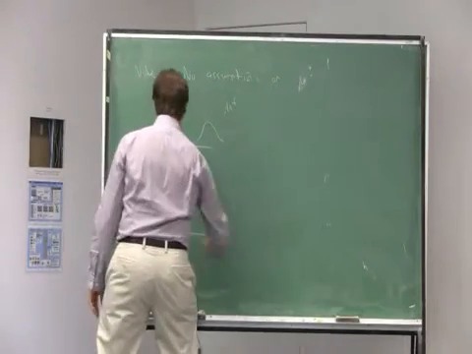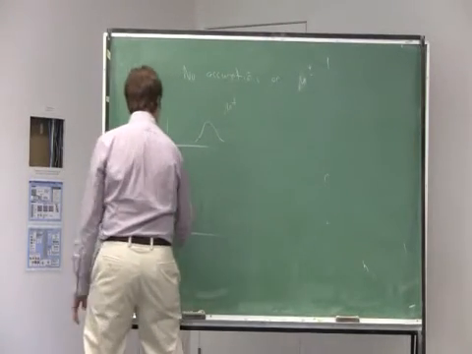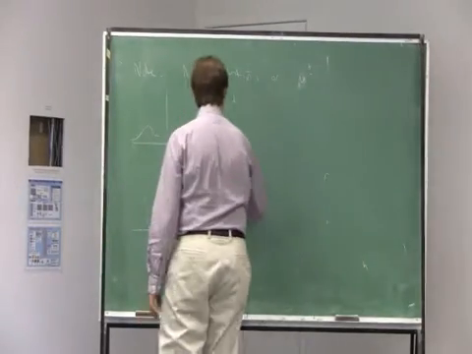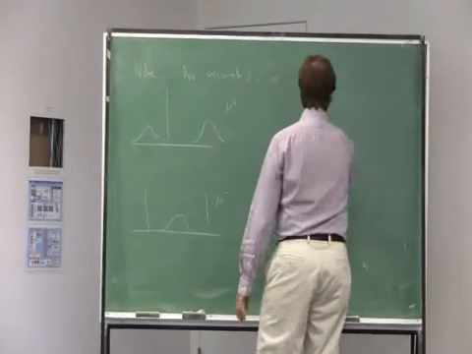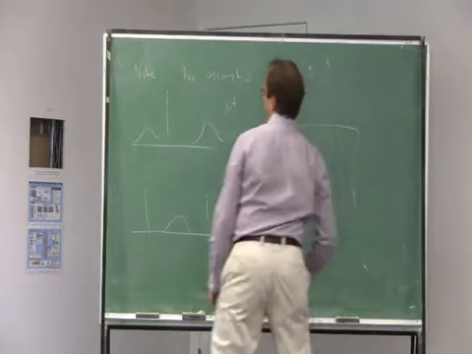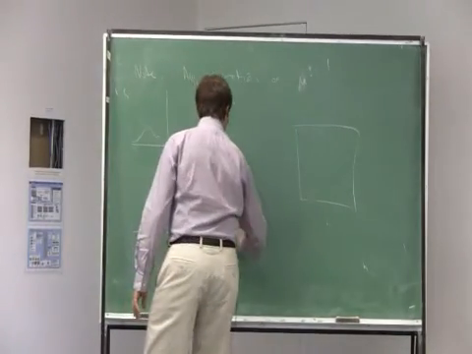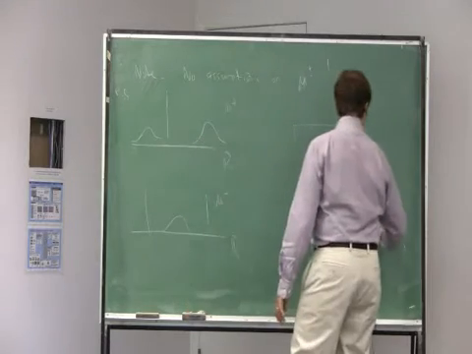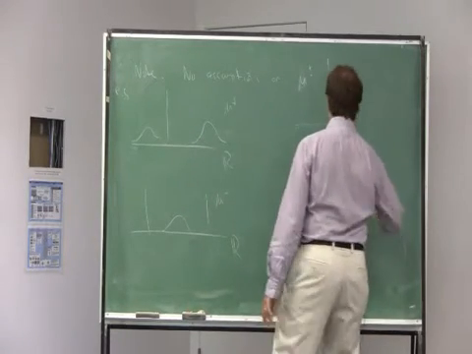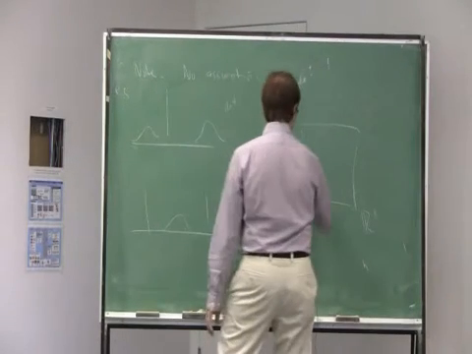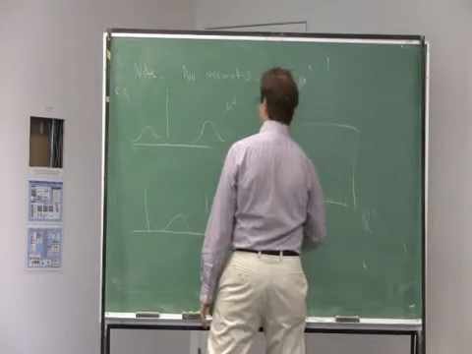I take another measure that has some singular parts, some zeros, some gaps in its support; that could be my mu minus. I want to pair these guys together. So, R cross R. What's going to happen, so somehow the picture I've drawn is like this.